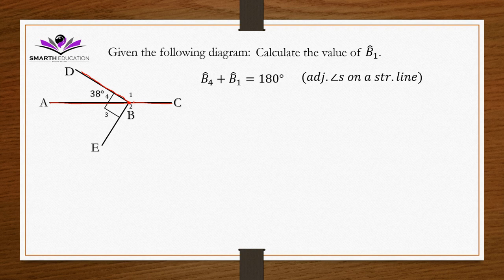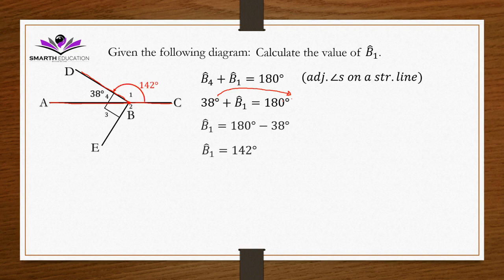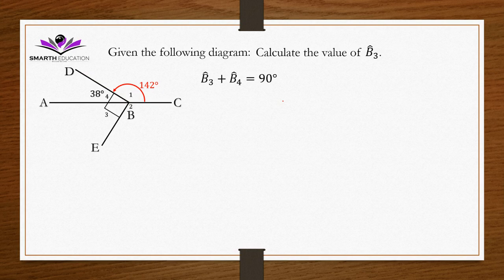We can solve for B1 because we know angle B4 is 38 degrees. You can subtract 38 degrees from both sides, or just transpose: positive 38 degrees becomes negative 38 degrees. So B1 is equal to 180 minus 38 degrees. Now we find B3.